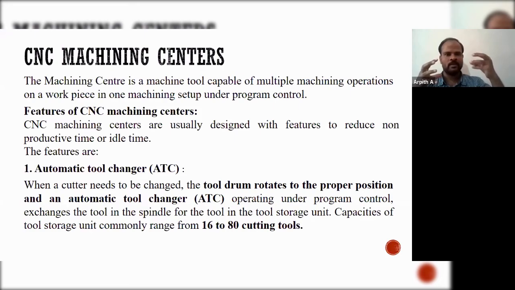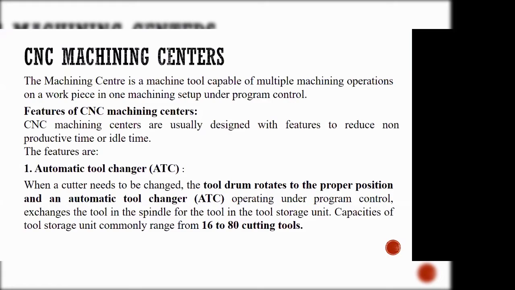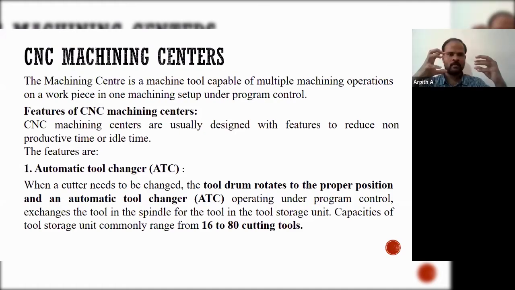We know in the lathe the workpiece is rotating, and you have to bring the tool towards the workpiece. Say I want to perform the facing operation. What the machining center does is choose the facing tool and perform the facing operation.